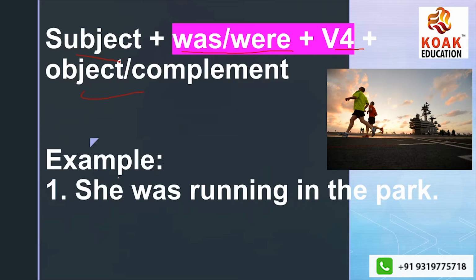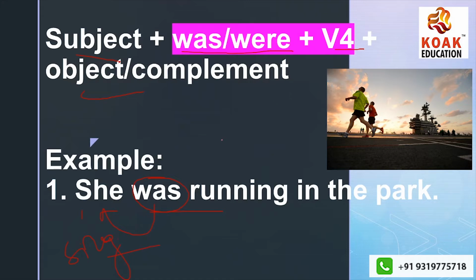For example, she was running in the park. I have used was because my subject happens to be singular. And if this is singular, then it's definite that I'll use was. If I had they, or the people, then I would have used were.